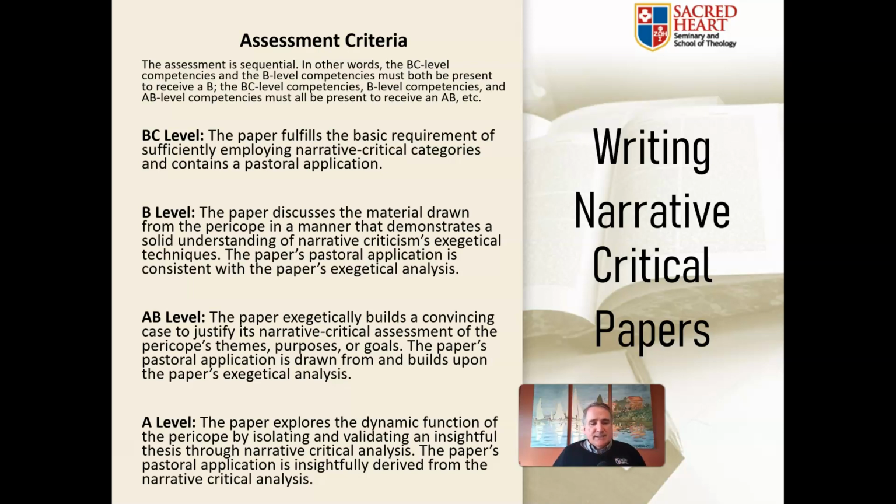And then A is the paper explores the dynamic function of the pericope by isolating and validating an insightful thesis through narrative critical analysis. The paper's pastoral application is insightfully derived from the narrative critical analysis. Okay, so those are kind of broad and general, but they give you an idea of what distinguishes an A paper from a B paper.